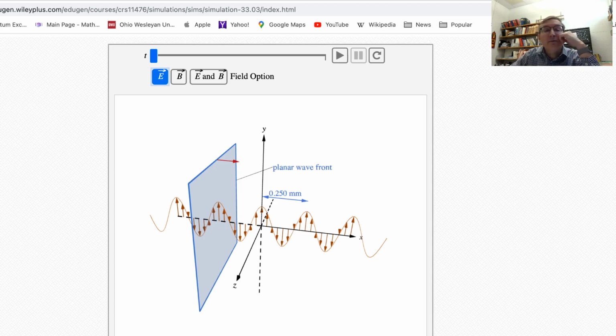And they, in fact, form, in this case, a sinusoidal wave, right? It's a sinusoidal curve. And then there's a wavefront, which happens to be at a location where the electric field is a maximum. And when I run the animation, that wavefront's going to travel in the direction of the red arrow. Let's watch.